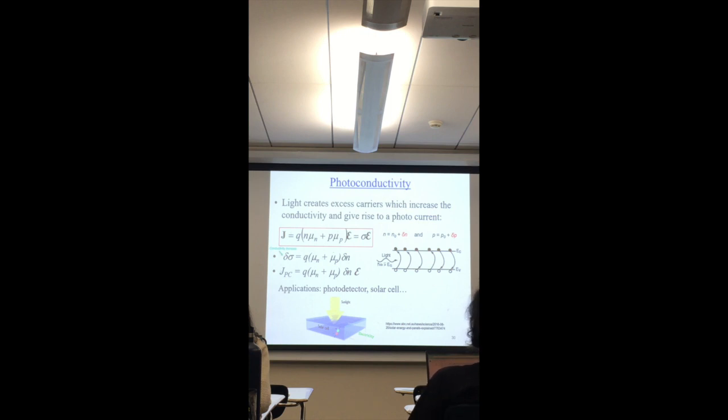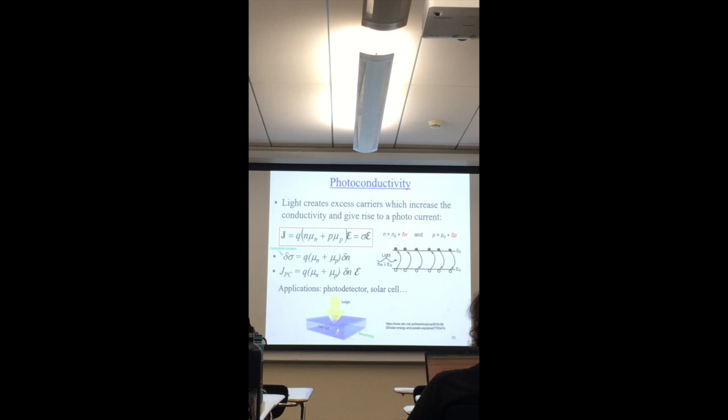Now if we look at the current, the current due to this light illumination is basically the conductivity increase times the electric field. Here are the equations for photoconductivity.